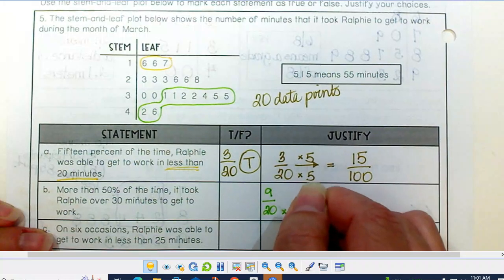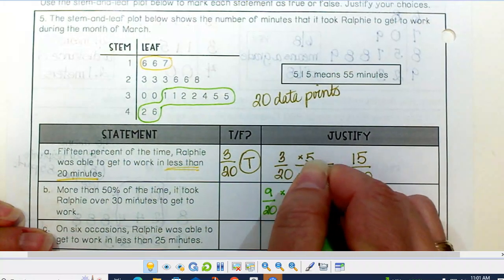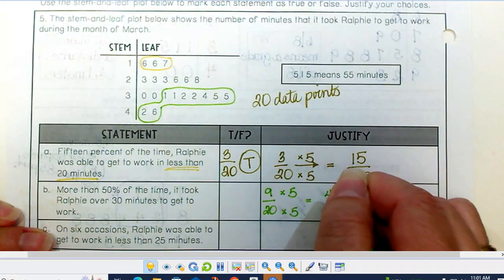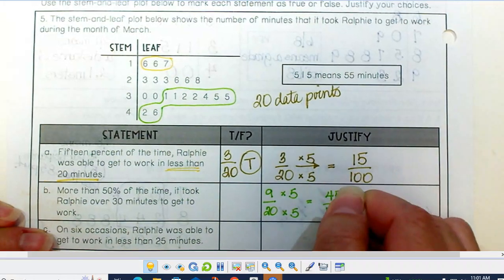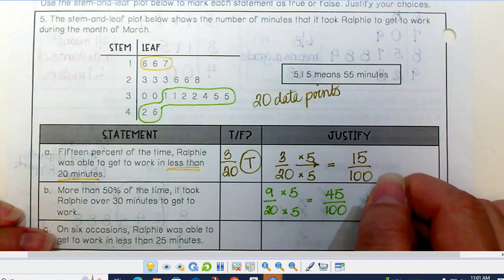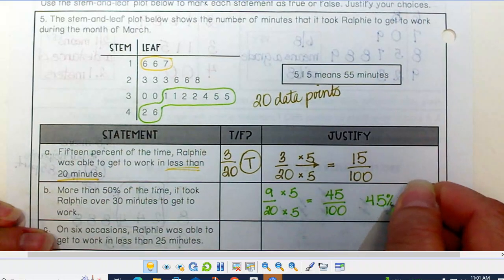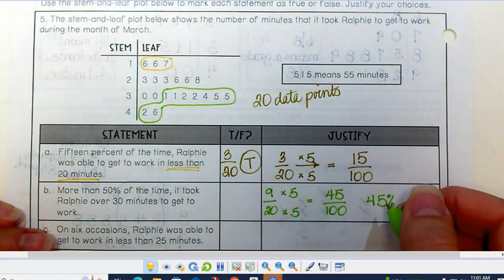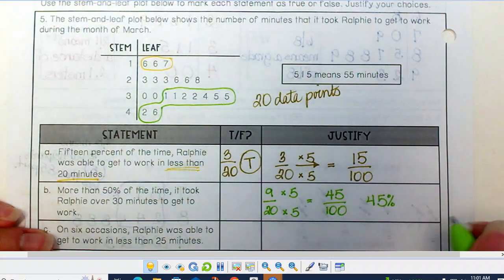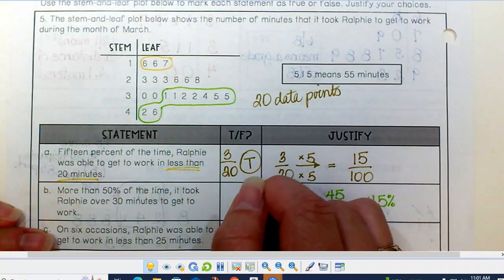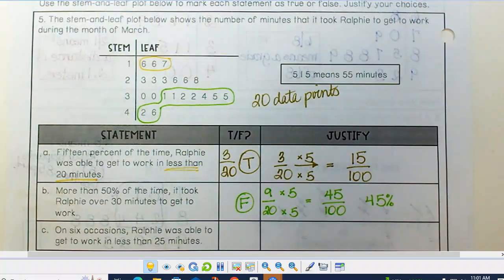Again, times 5, times 5. That is 45 out of 100, and that's going to be 45%. More than 50% of the time it took Ralphie over 30 minutes? No, that is false. 45% of the time it took him over 30 minutes.